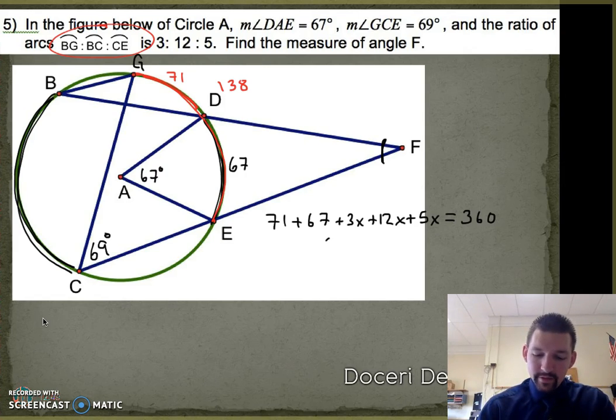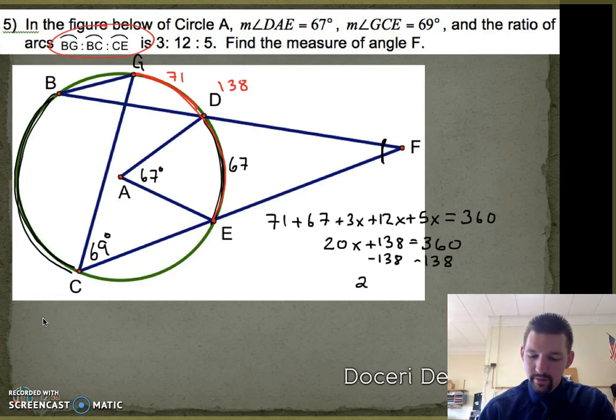So that means that 20x plus 138 equals 360. I subtract to get 222. I divide. And I end up with x equals 11.